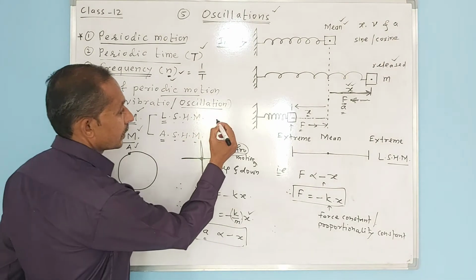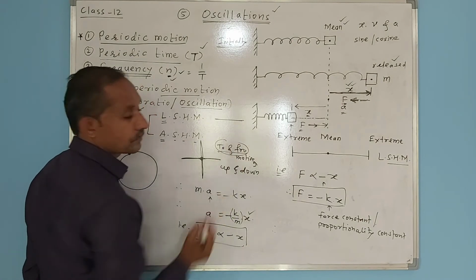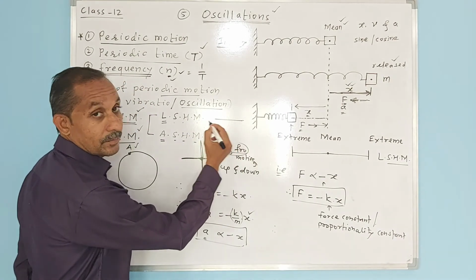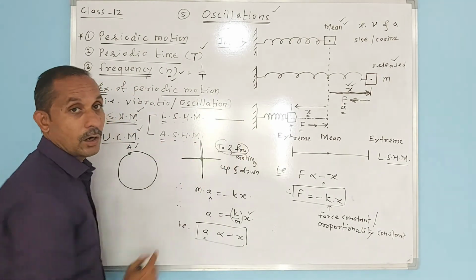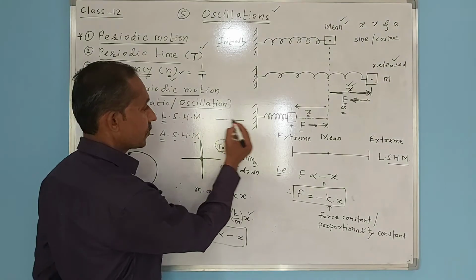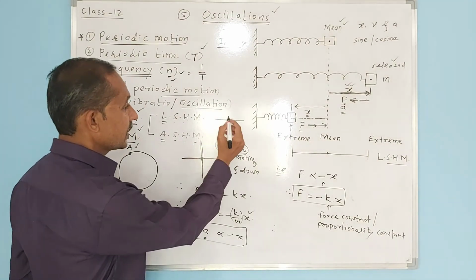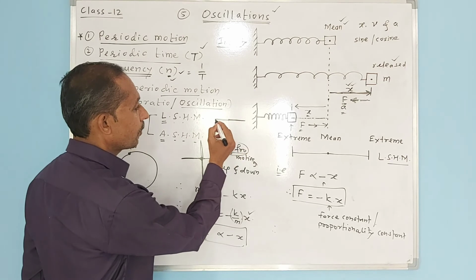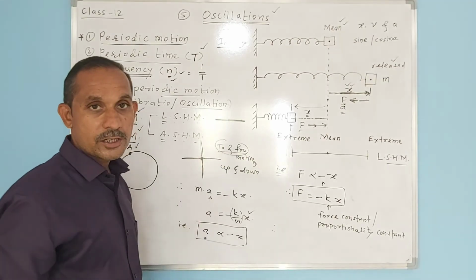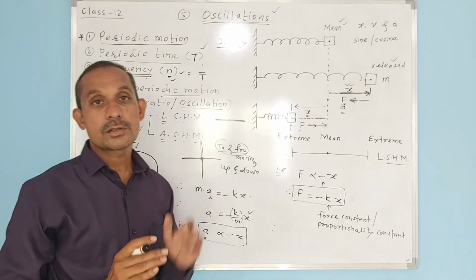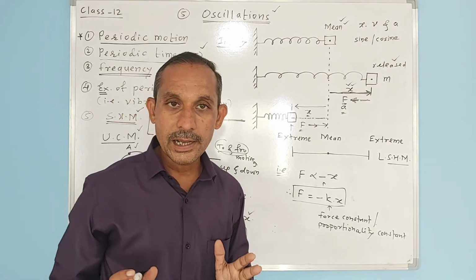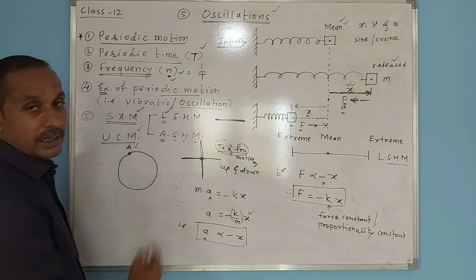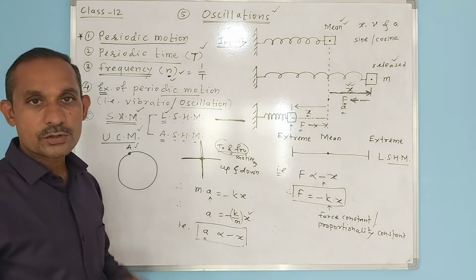When the path of the motion is a straight line and the body is performing oscillatory motion along this line, such types of oscillatory motions are called linear simple harmonic motion.